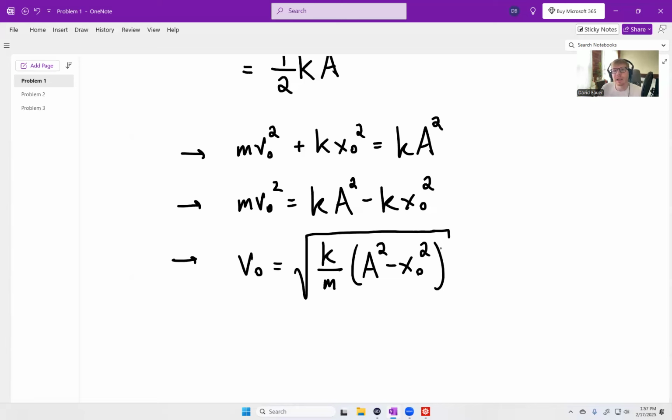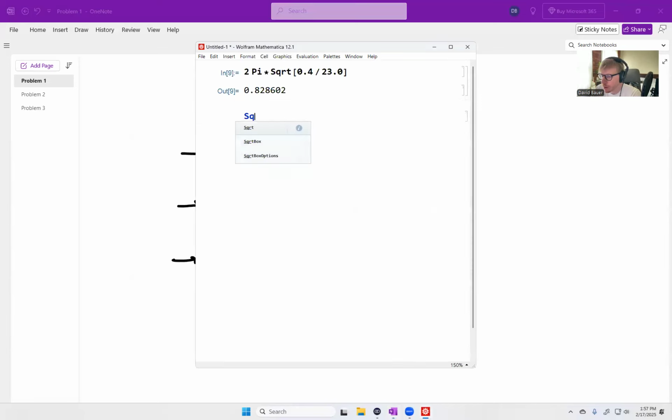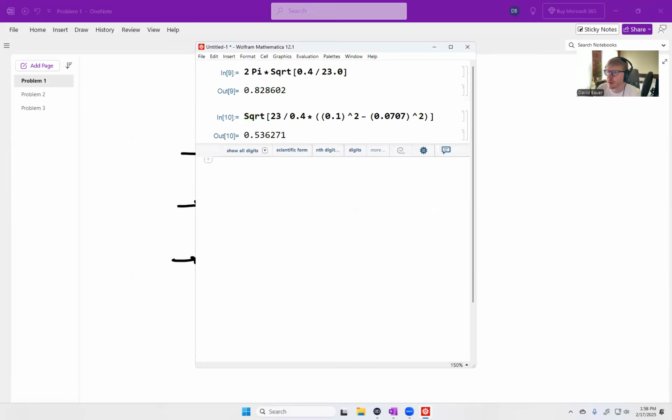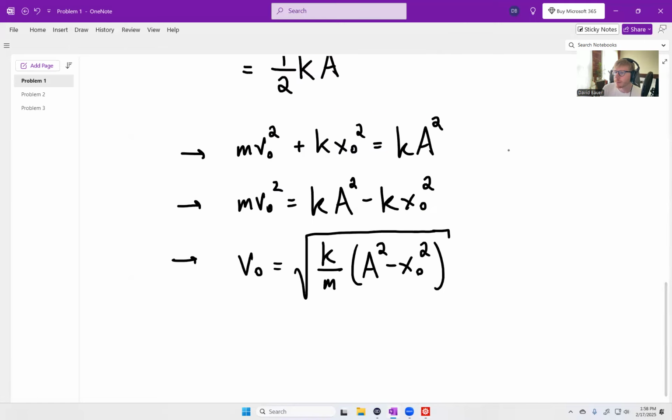And this we can just plug into. Okay, so I get an initial speed of about 0.54 meters per second.